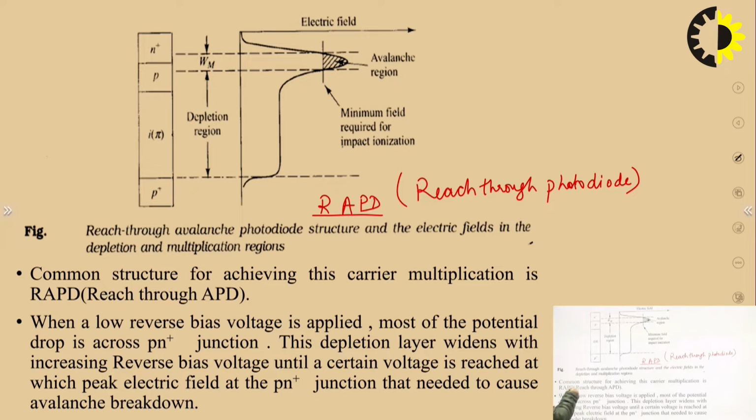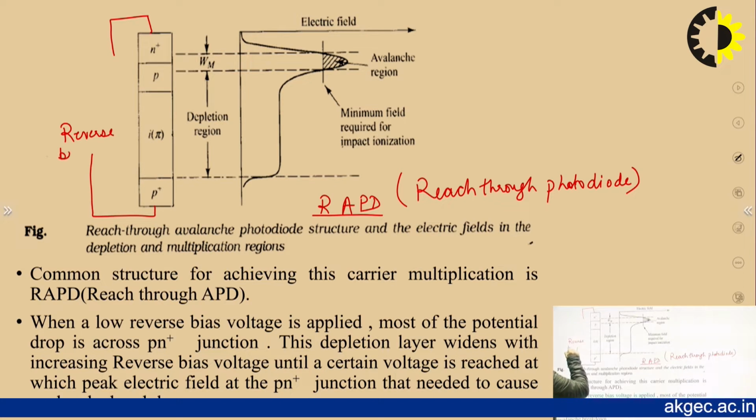In this, you can see the N plus, P, intrinsic layer, and this one is P plus, and this is given the reverse bias condition, meaning there should be a negative voltage. Clear?